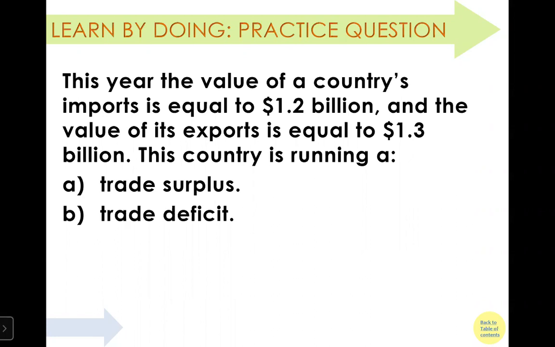The trade surplus equals 0.1 billion, which is 1.3 minus 1.2, because we sold 1.3 billion and only spent 1.2.